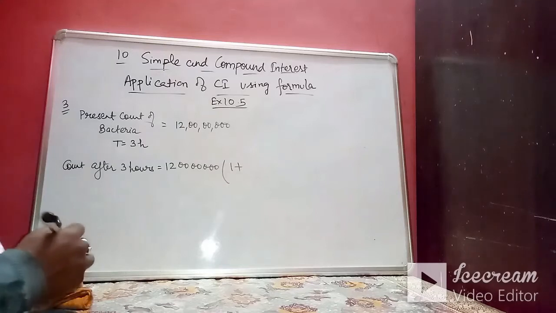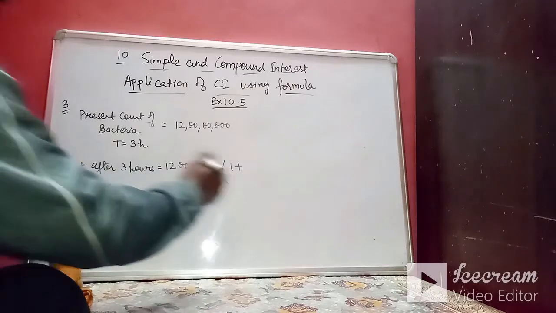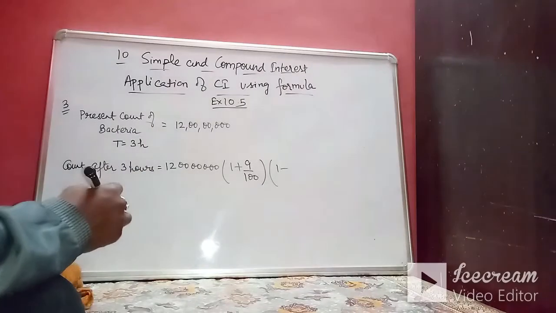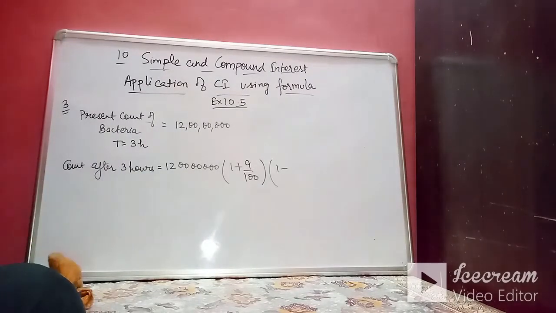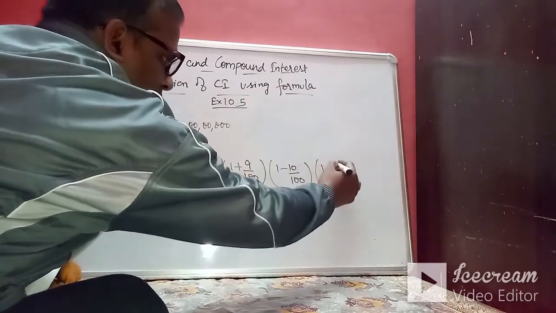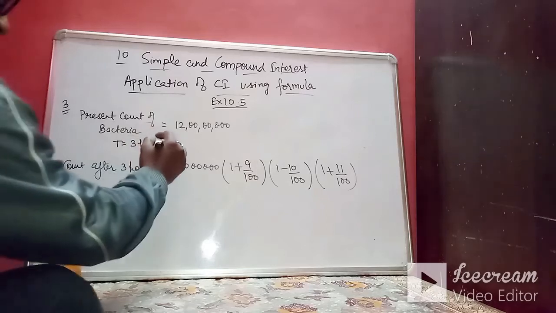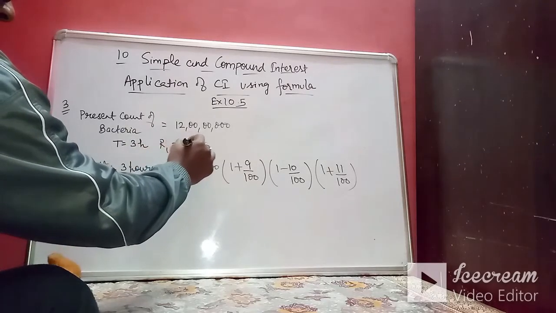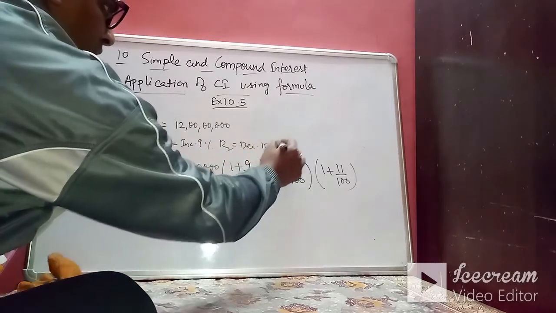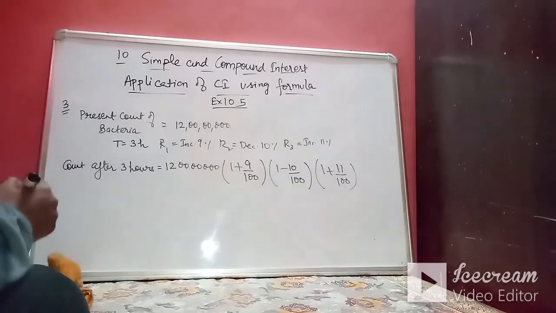Now for the first hour it is increasing by 9%, so we will take 1 plus 9 upon 100. In the second case it is decreasing by 10%, that is 1 minus 10 upon 100. And in the third case again it is increasing. So there are 3 rates. The first rate is an increase of 9%, the second rate is a decrease of 10%, and the third rate is an increase of 11%.